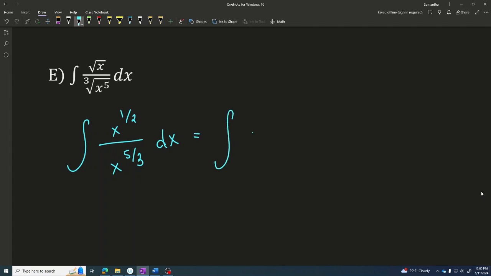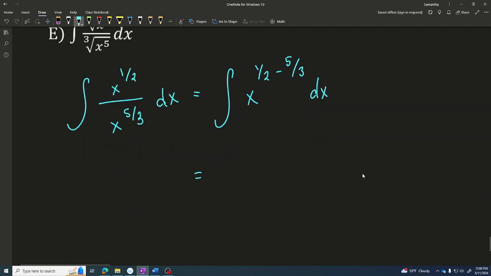And then I can use the exponent properties to simplify this fraction. A division of the bases corresponds to a subtraction of the exponents. So what I actually am trying to integrate, its true form, is x to the power, it looks like -7/6, if my algebra brain is functioning properly today. Yeah.